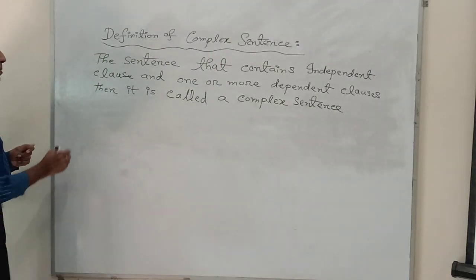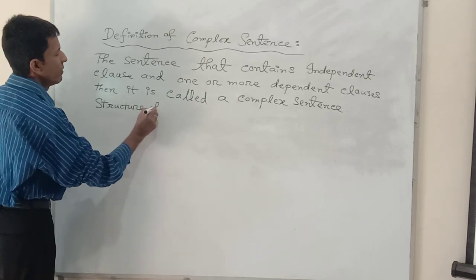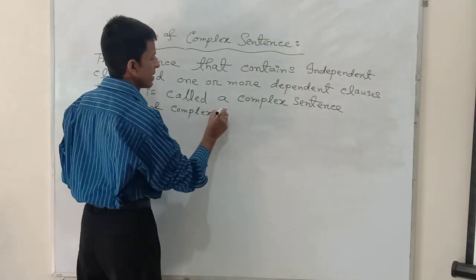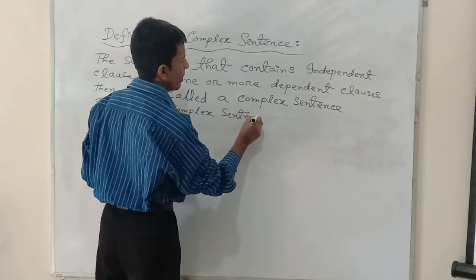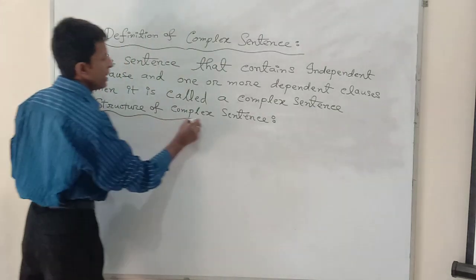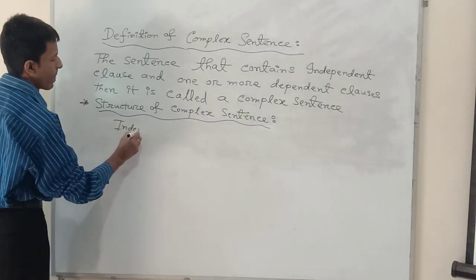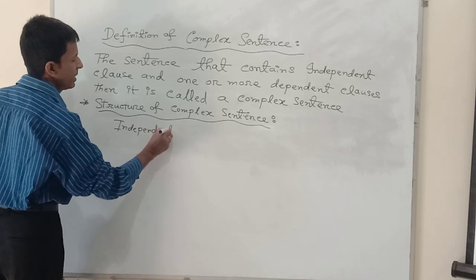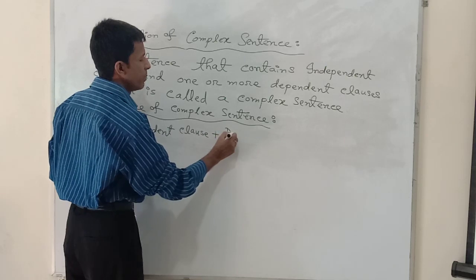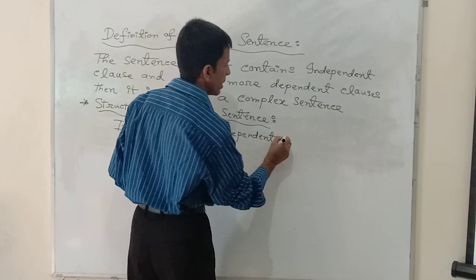So the structure must be written in this way: the structure of a complex sentence is independent clause plus dependent clause.